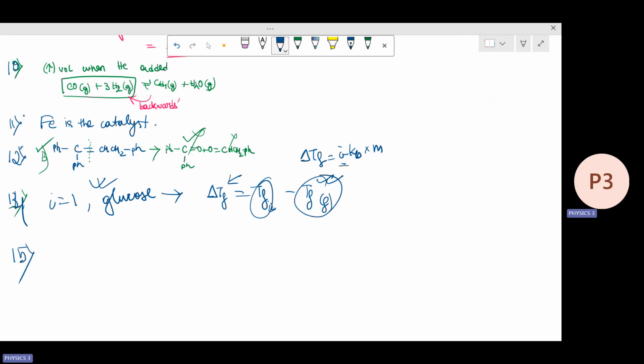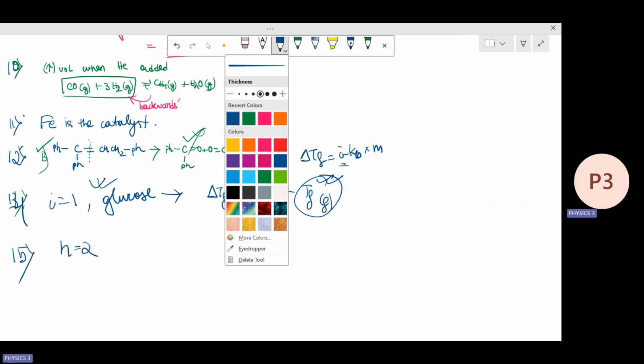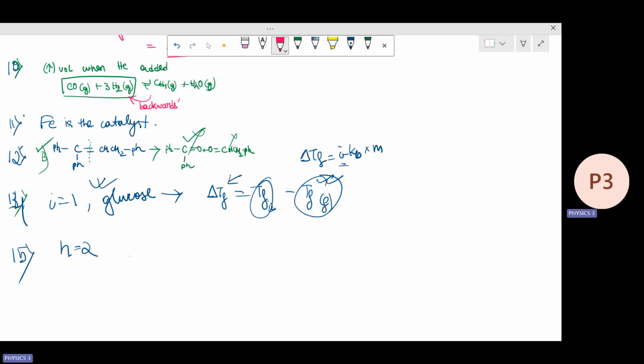In this case, n equals 2. The anode is zinc giving Zn2+ plus 2 electrons. The cathode is 2Ag+ plus 2 electrons giving Ag. This is my cathode.